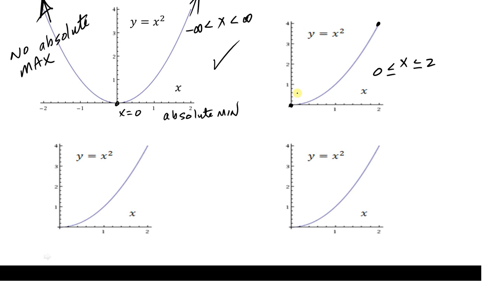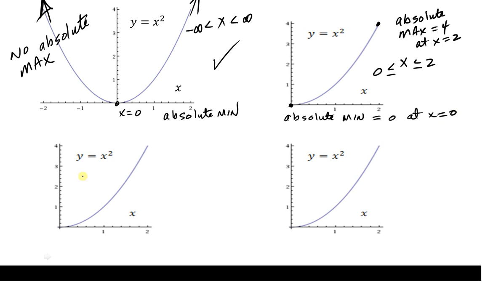And so then we would say that the absolute maximum of the function is equal to 4 at x equal 2, and the absolute minimum of the function is equal to 0 at x equals 0.